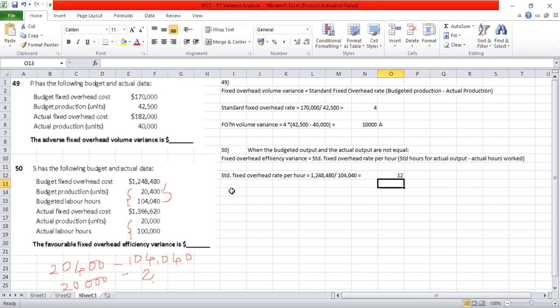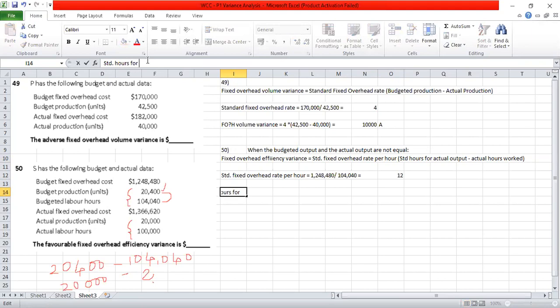Then calculate the second variable, which is standard hours for actual output. Budgeted hours or standard hours, it means the same.